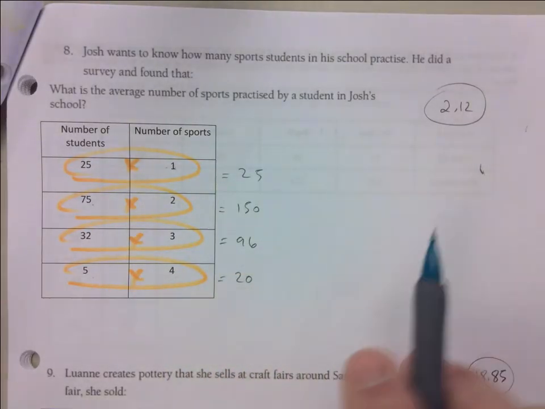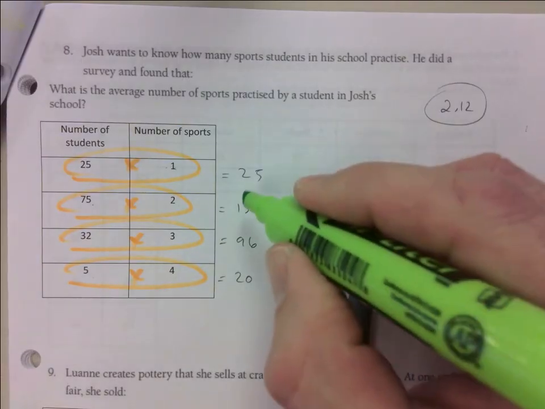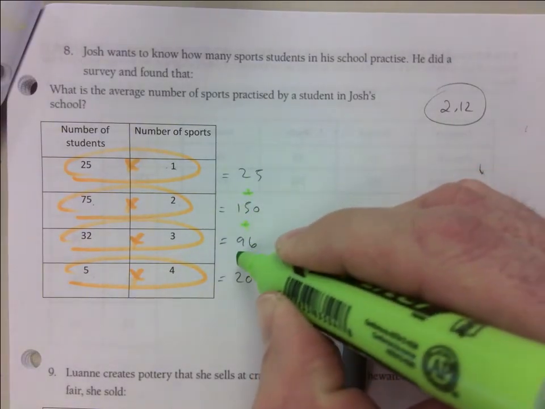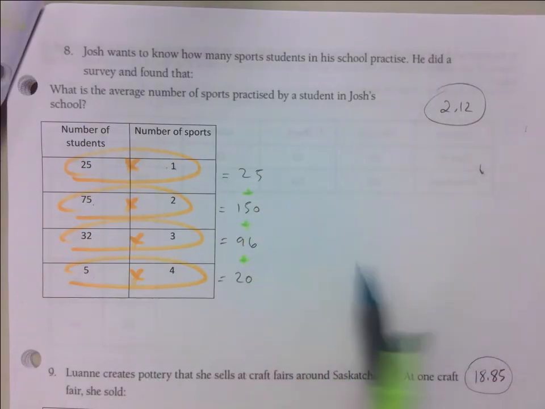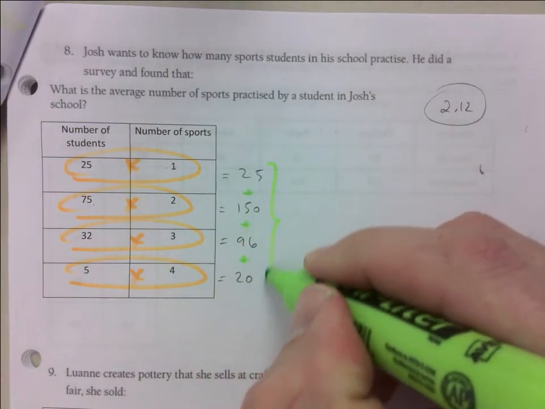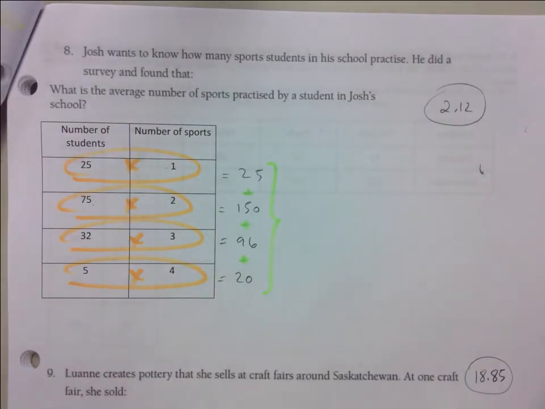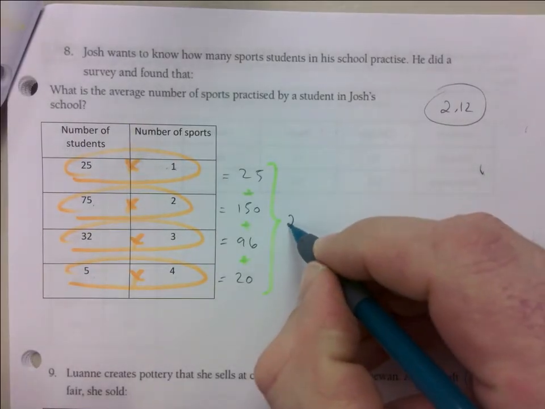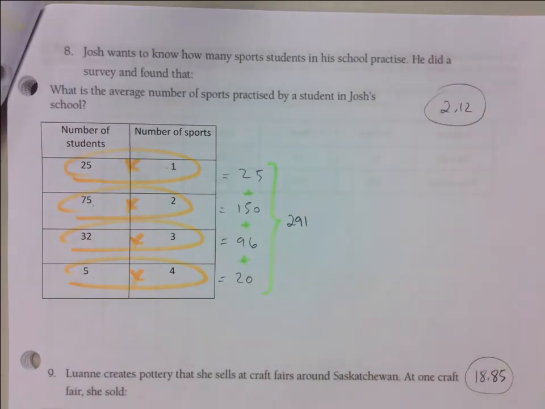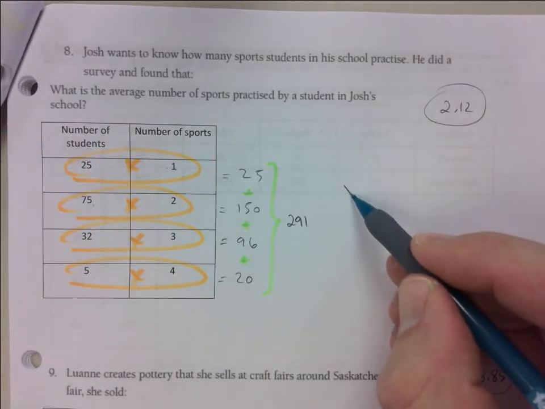Okay? The next step is to add. So we add up our results here. And you get 291. So now you're almost ready to state your average.